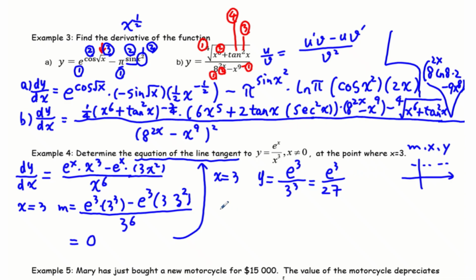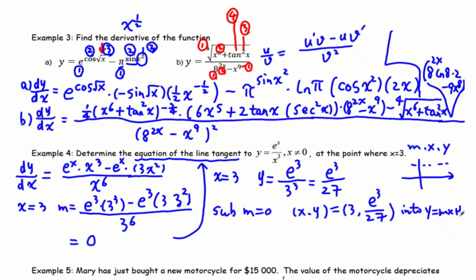Or you could sub in m equals 0, x, y equals 3, e cubed over 27 into y equals mx plus b. You will find y is e cubed over 27 equals 0 times 3 plus b.